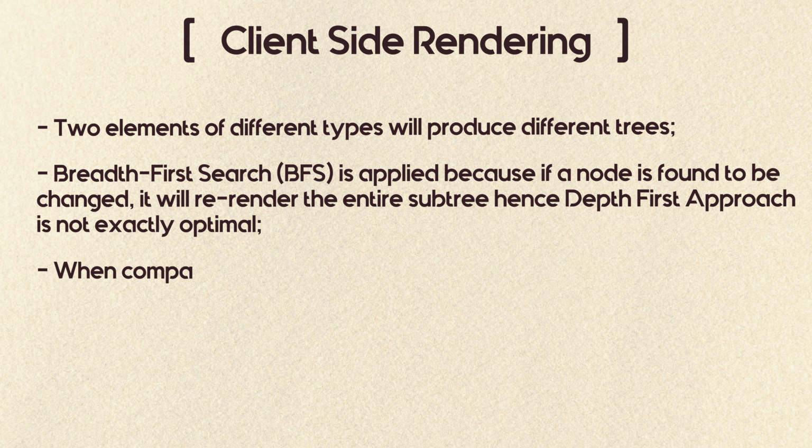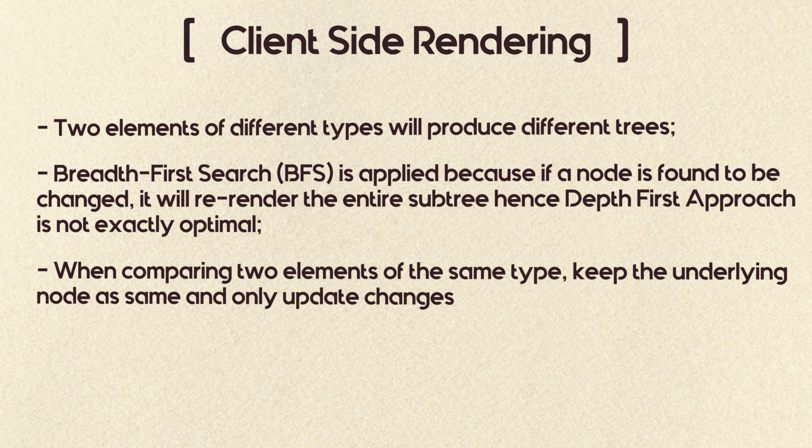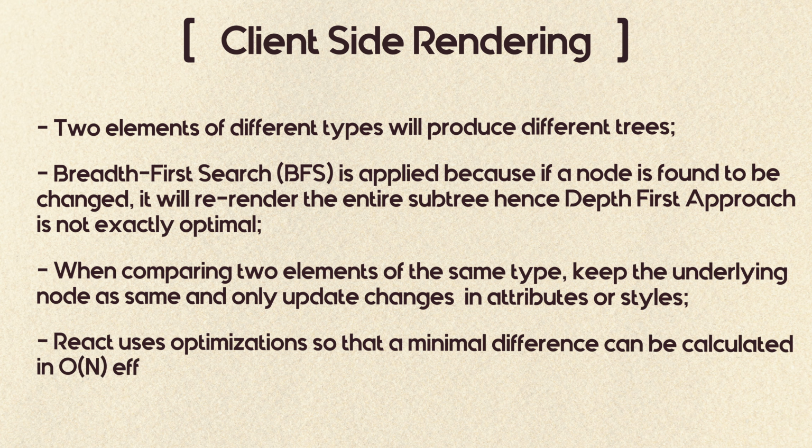When comparing two elements of the same type, keep the underlying node the same and only update changes in attributes or styles. React uses optimization so that a minimal difference can be calculated in O(n) efficiently using this algorithm.